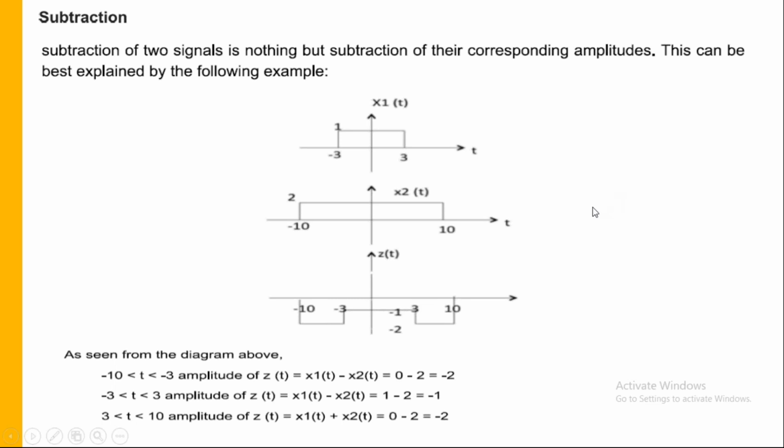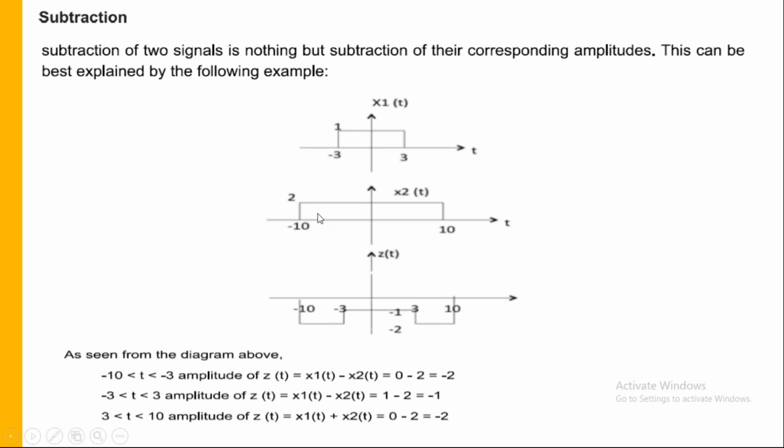Now try to understand, when you're doing subtraction, you should be very careful. So please try to understand this. When you see the subtraction, here I have the same signals, the same waveforms I'm considering. x1 of t, existing from minus 3 to 3 with an amplitude of 1 again, and x2 of t, existing from minus 10 to 10 with the same amplitude as the previous example.